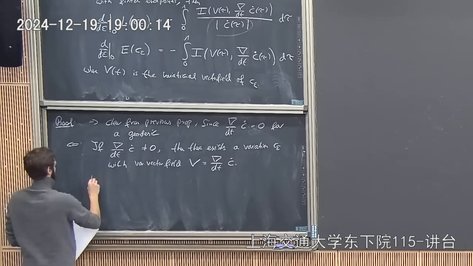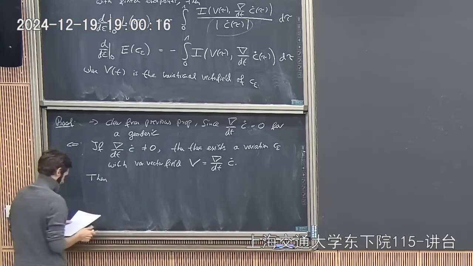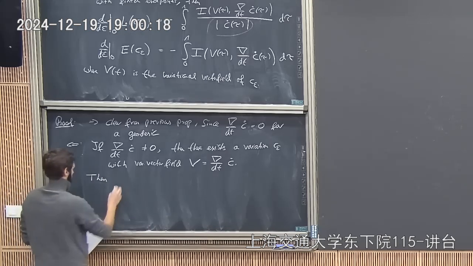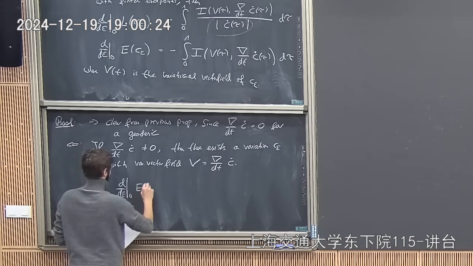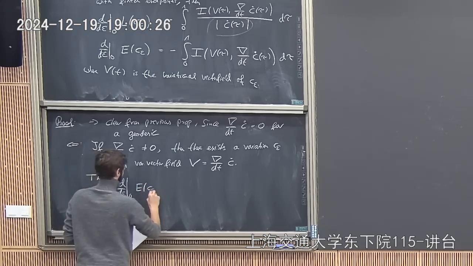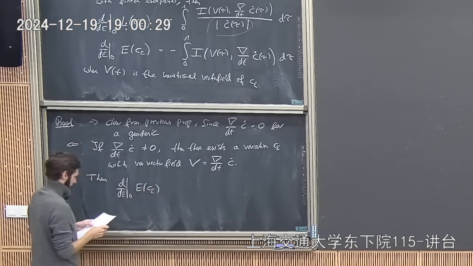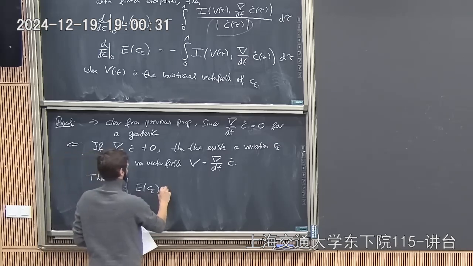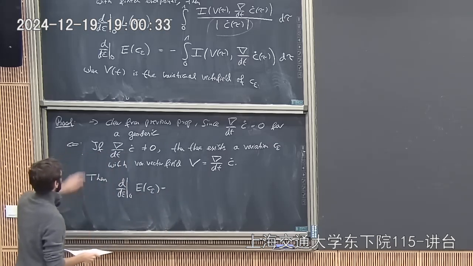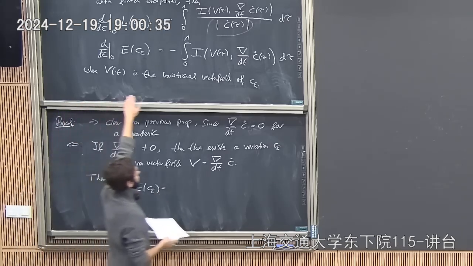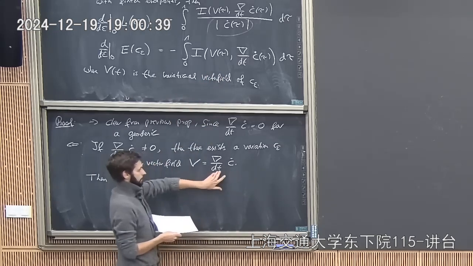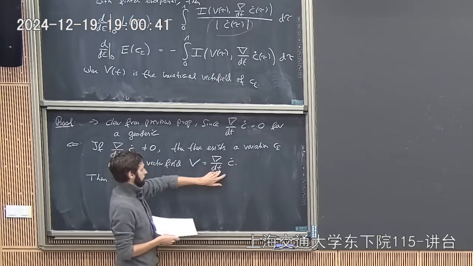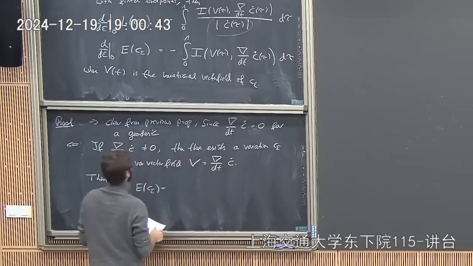But then, if you calculate the d/dε of the energy for this particular variation, we have to look at the formula up there, and now we insert for V of τ the covariant derivative of the curve again.